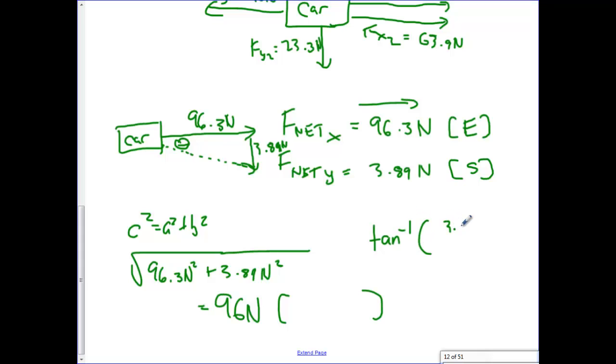When you inverse tan 389 over 96.3, I got 2.3 degrees. So then you could say, well, he was mostly going east, which is good because he had to get the car out of the rut, right? But the car went about 2.3 degrees to the south.